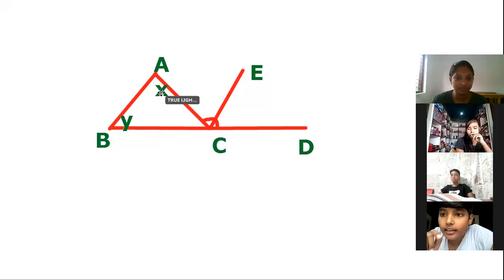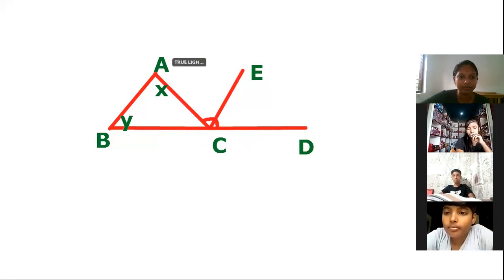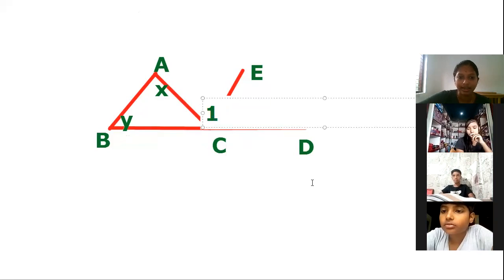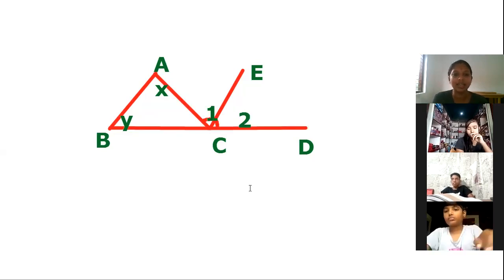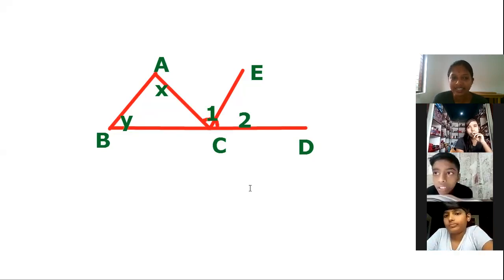I'm just naming this angle as angle 1 and this angle as angle 2. Then which are the corresponding angles here? We have two parallel lines AB and EC and they are cut by the transversal AC.